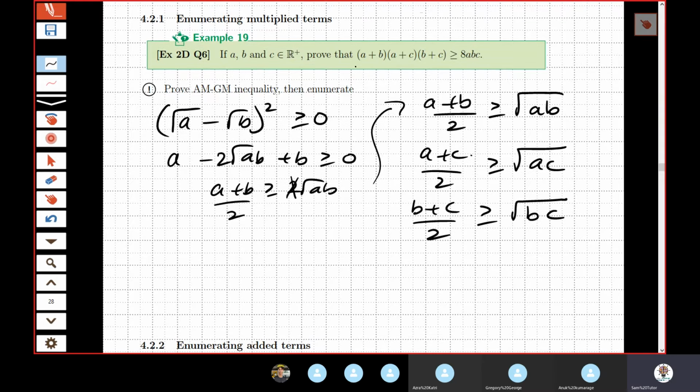Now, how do you think I'm going to get this result out? Can someone tell me? What would you do to get the result out? Azra, what would you do? You've got these three things. You need to get this result out. What would you do in the next line?